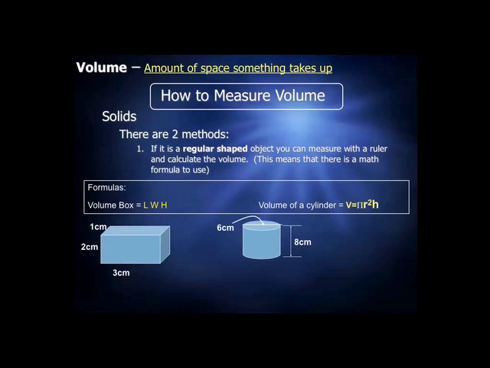Again, we follow the steps that we followed for area. We write the formula. Volume equals length times width times height. What's the second step? Substitute in the numbers. In this case, 3 centimeters times 1 centimeter times 2 centimeters.